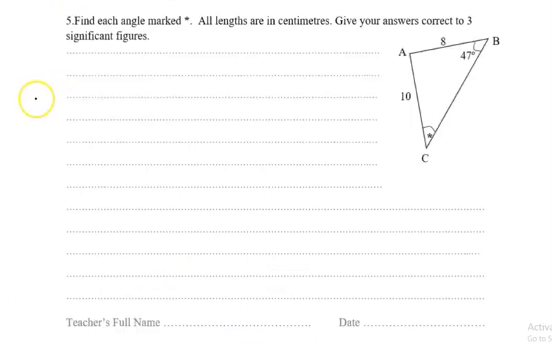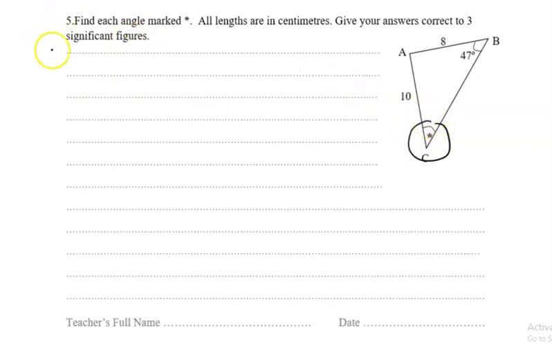Question 5. Find each angle marked with an asterisk. All lengths are in centimeters. Give your answer correct to 3 significant figures. Now we want to work out this angle here only, angle ACB, and it's marked with an asterisk.